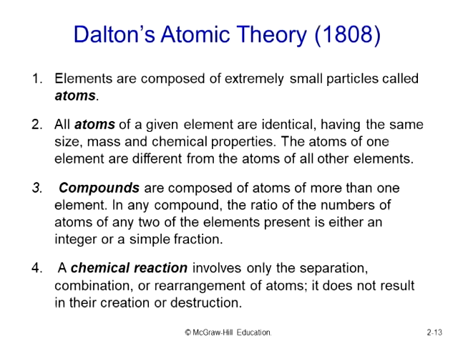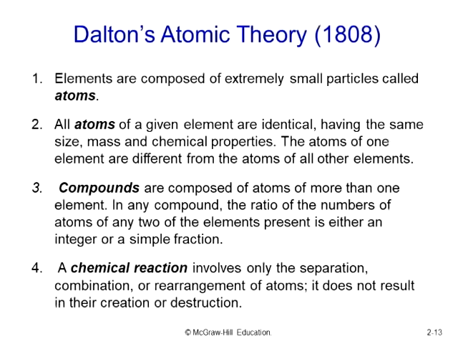They have the same size, mass, and chemical properties. The atoms of one element are different from the atoms of all other elements. For example, the atoms in carbon are different from the atoms in nitrogen. But all the atoms within a carbon sample are exactly the same.